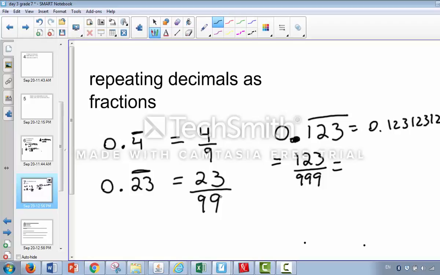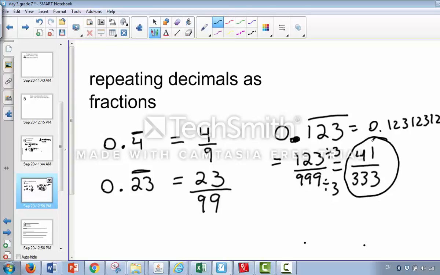So we can actually reduce these. 123 divided by 3 is 41, and 999 divided by 3 is 333. And that should be as far as we can reduce that, I think. So this would actually be my answer. You would get pretty good marks if you told me this, but for full marks you'd have to reduce it.